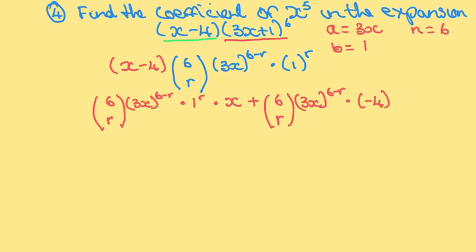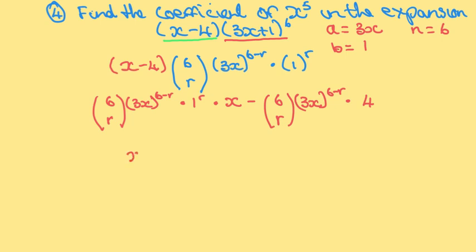I'm going to rub that out and just make that 4 and change the plus to a minus. Makes life easier at the end. I now have two parts and I can treat them separately and solve for r in both cases.